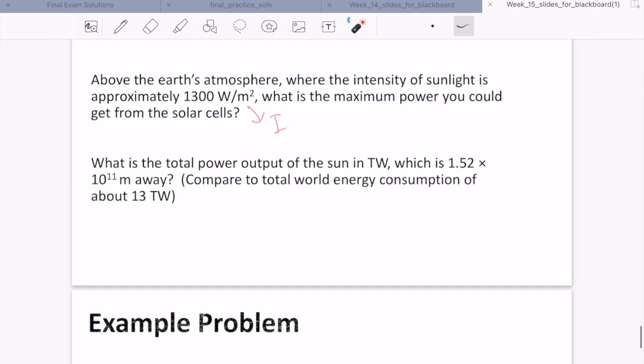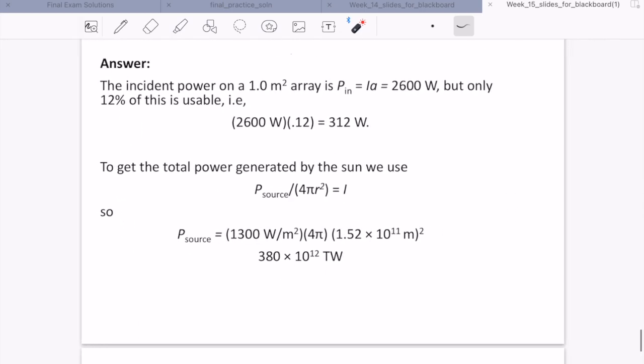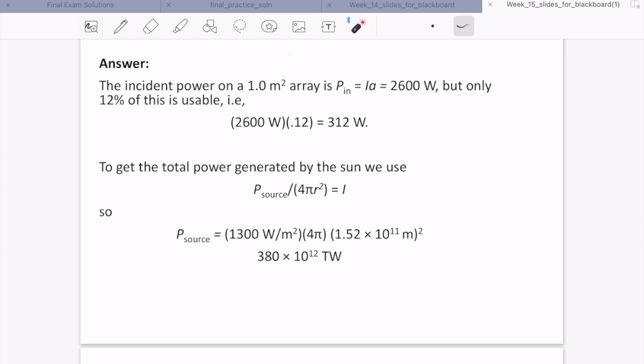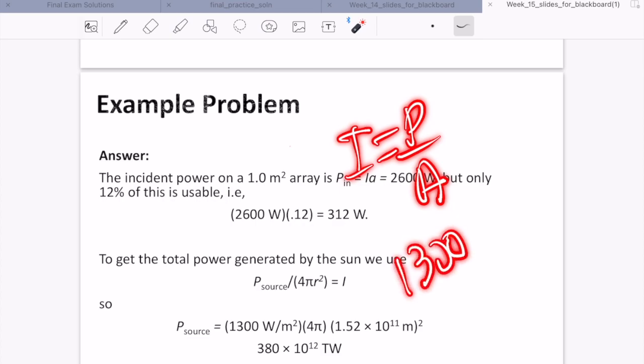If we then wanted to figure out the total power output of the sun, we take that intensity is equal to power divided by the area once again, and the intensity is 1300 watts per meter squared like they gave us. If we want to figure out the power, we can just multiply that by the area, right?